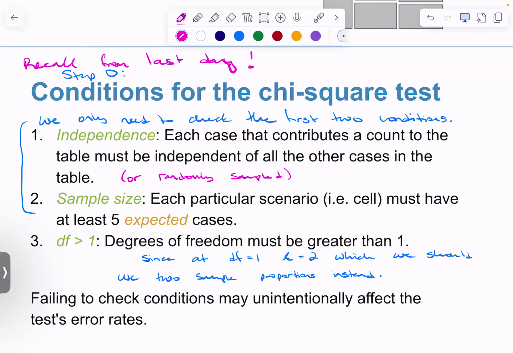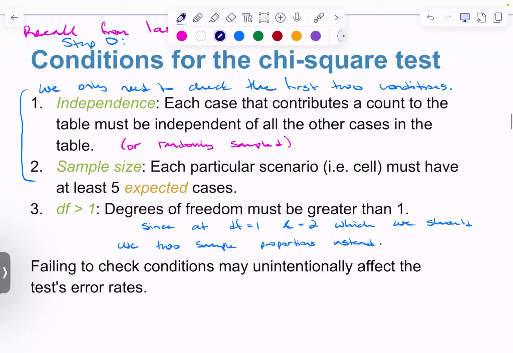Another way that you could argue it is, are all outcomes disjoint? You can't have any overlap in any of those categories. If you're in grade 4, you can't be in grade 5 and grade 6 or anything but grade 4.